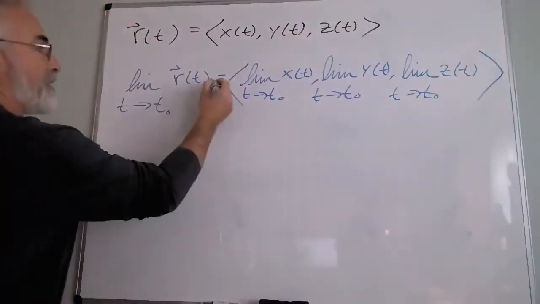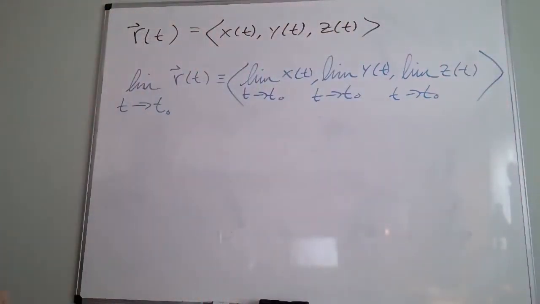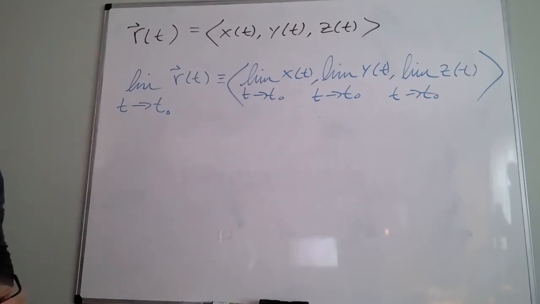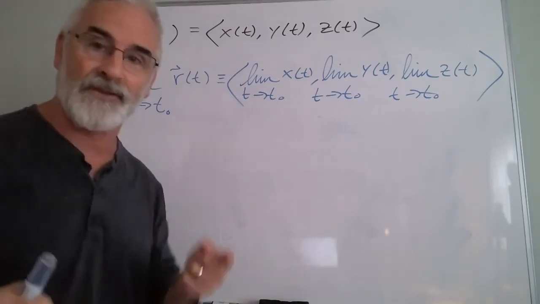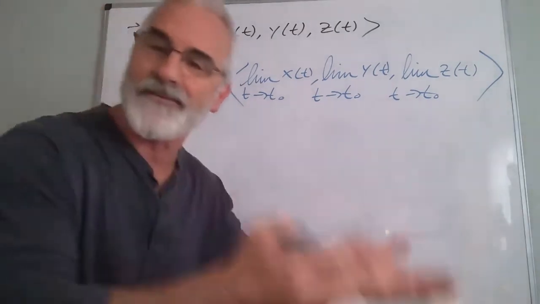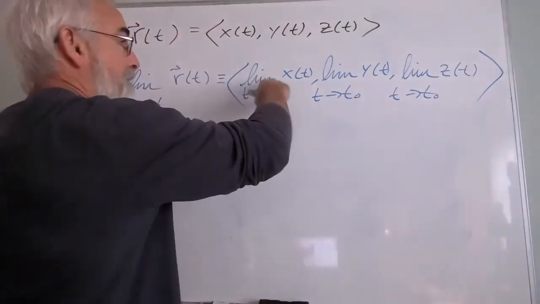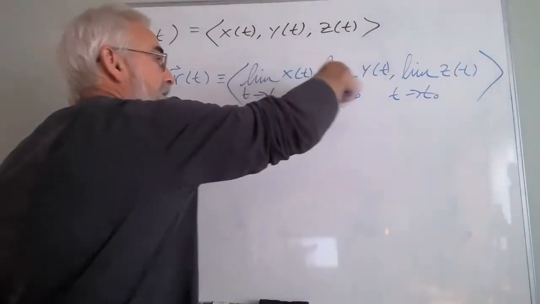This is the definition. We have 3 bars. That's the definition of the limit of a vector. You can't technically take the limit of a vector, so we're going to define the limit of a vector as being the vector of the individual limits. You see, I can only take limits of functions. X, Y, and Z are functions, and I'm taking limits of each of them.